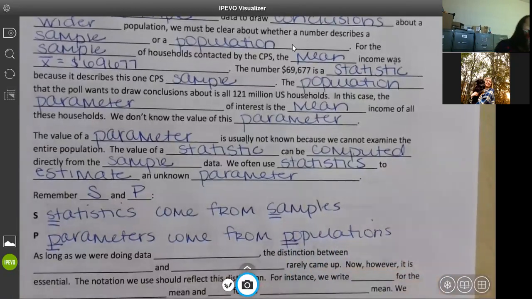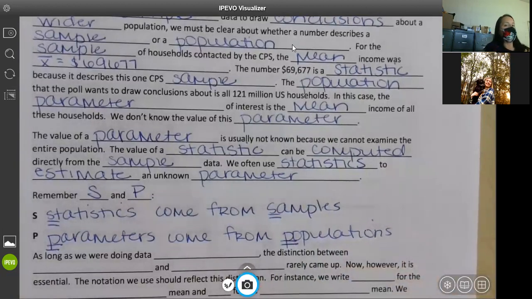And remember, we may not have exact parameters because it's through the population, but the statistics should be exact.